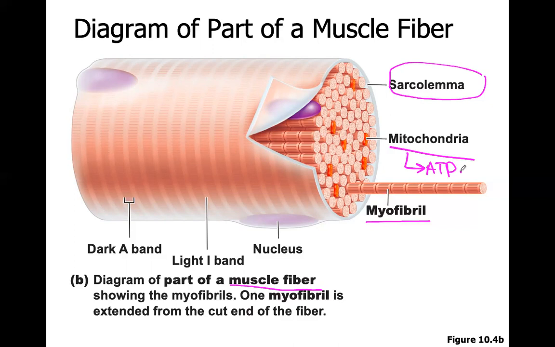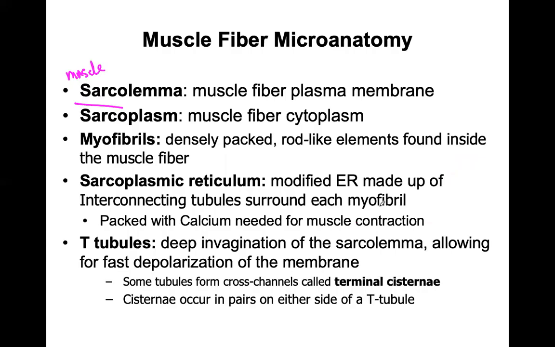Because muscle contraction requires a significant amount of ATP, you also have a lot of mitochondria present. We also learned that you have a significant amount of complex carbohydrates, which are stored in glycosomes, and significant storage of oxygen by having myoglobin present inside your cell.